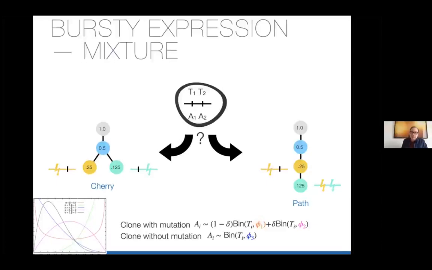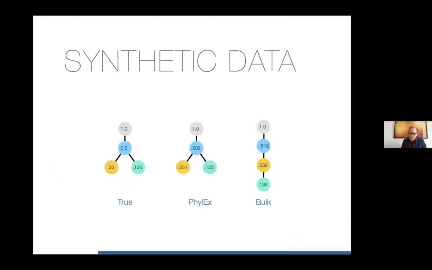And in the other case, we say, well, it's actually like this, that cells sometimes only express one allele. So you may see the reference only, or you may see the alternative only. In order to model that, we sample this phi from a beta distribution that looks like this. So phi is either very close to 0 or very close to 1. And otherwise, well, then we basically behave like before.